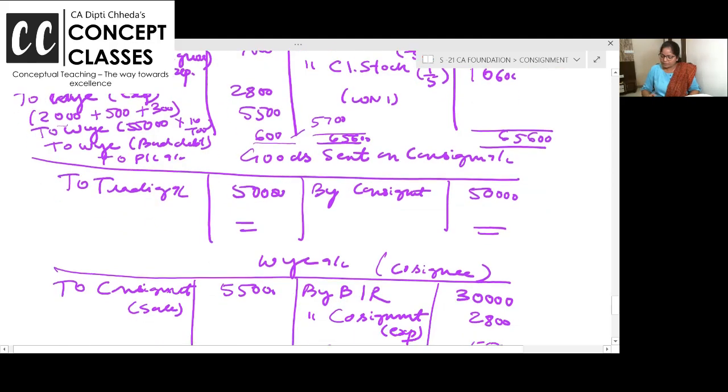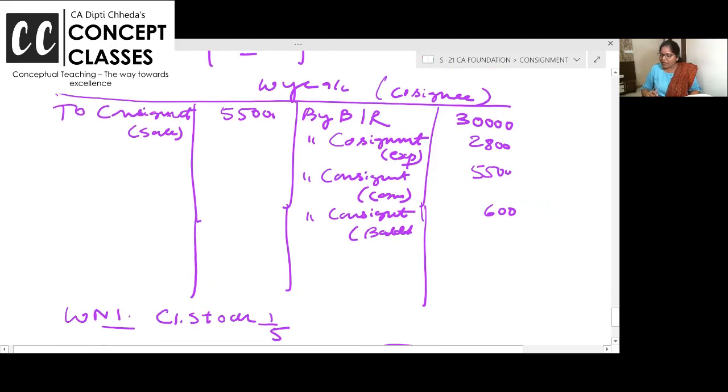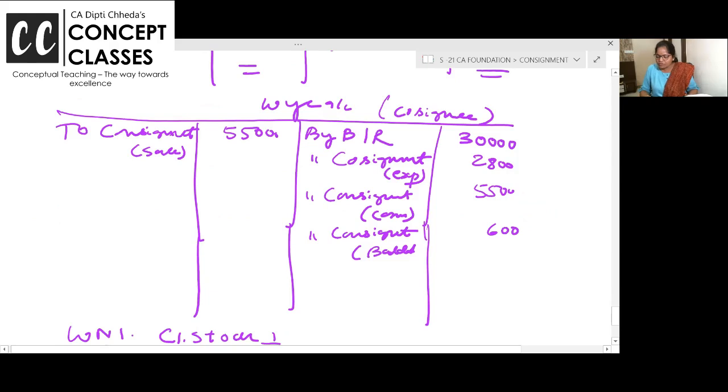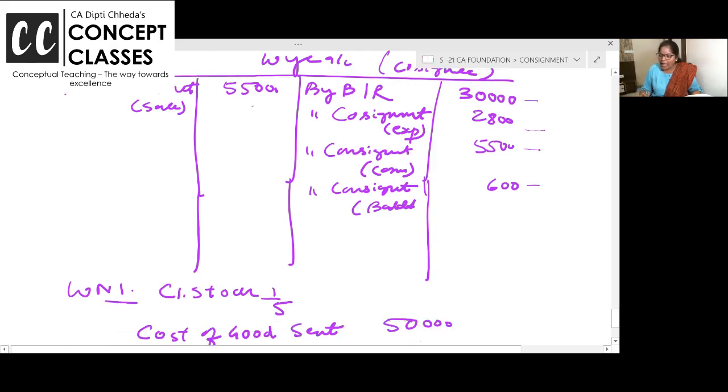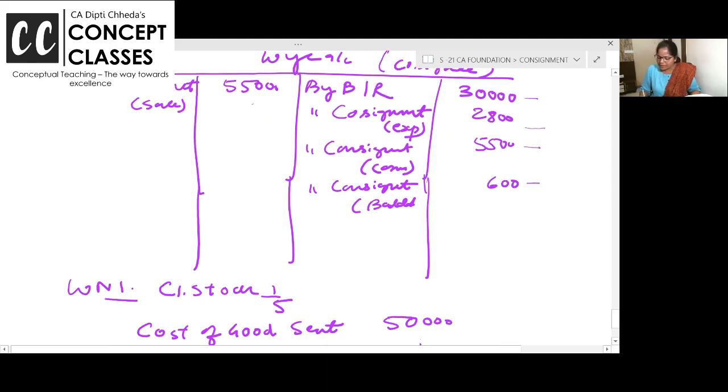Okay. How will you close the Y account? Listen to the dialogue I am saying to Y. You have sold 55,000 of goods, no? Take your expense, take your commission. Out of 55,600, bad debt I will bear because I have not given. Take all this out, bills receivable you will honor, and the remaining amount you can give me by cheque and close.